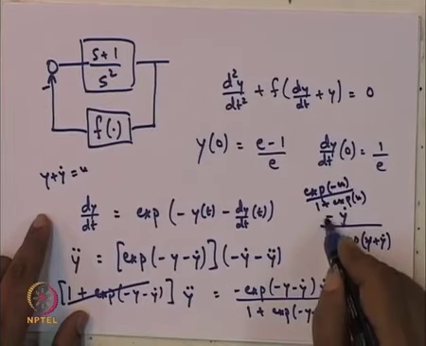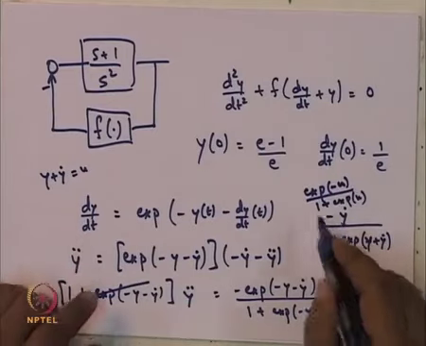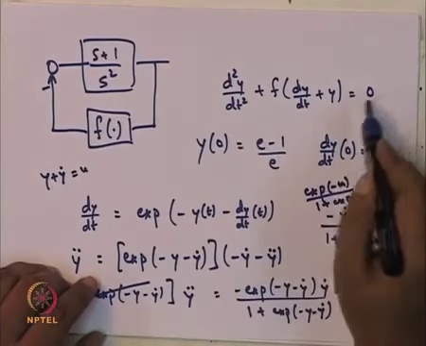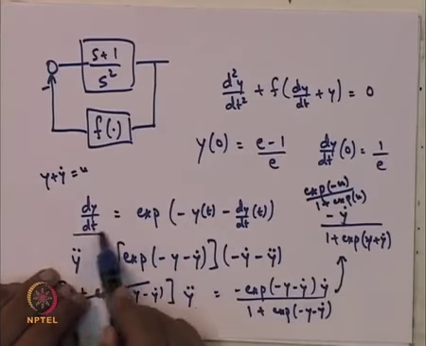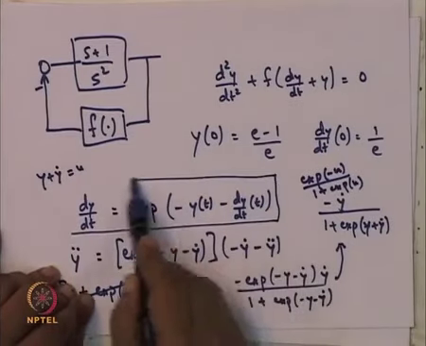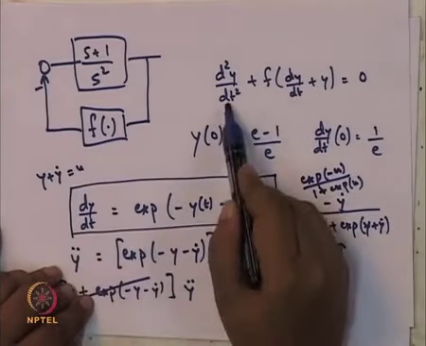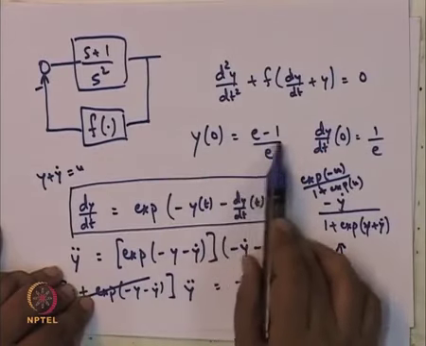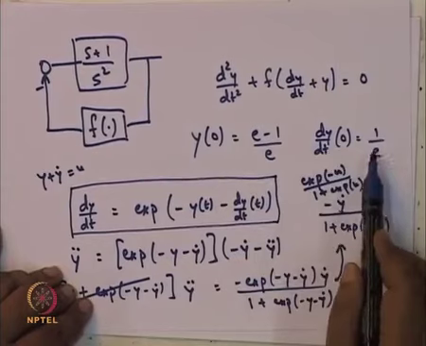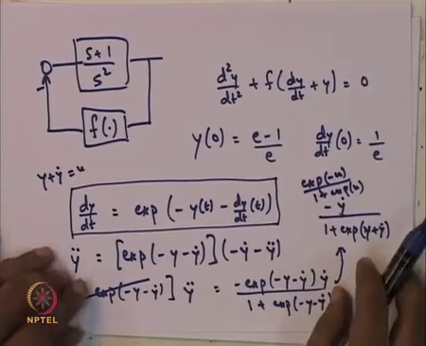Okay. This minus sign is appearing essentially because when you take the f to the other side, there is a negative. Okay. So, this particular solution is indeed a solution to this differential equation with initial conditions given by y at 0 is (e minus 1) by e and dy/dt at 0 is 1 by e.